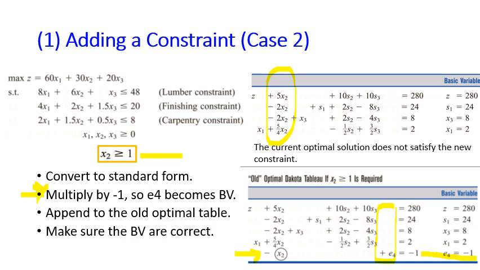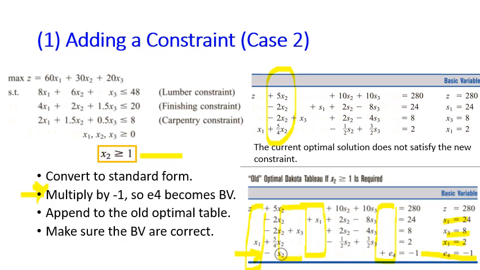So you need to check: okay, S1 is in the canonical form, so S1 is the basic variable. X3 is also in the canonical form, a basic variable. X1 is also in canonical form, so it is a basic variable. And E4 is also in canonical form.